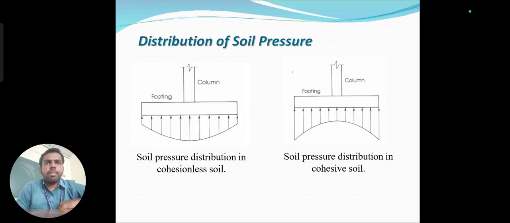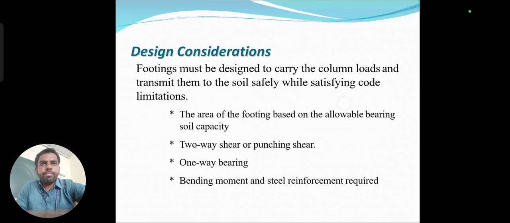For the distribution of soil pressure, different types of soils must be considered. A parabolic shape applies to cohesionless soils, such as sandy soils, and a hyperbolic shape applies to cohesive soils, like red soils.